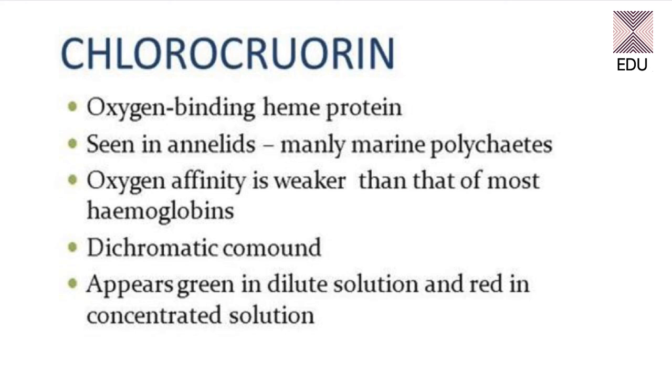It is a dichromatic compound and appears green in dilute solution and red in concentrated solution. So chlorocruorin appears green in dilute solutions, and it resembles hemoglobin in that it is red in color when it is in concentrated solution.